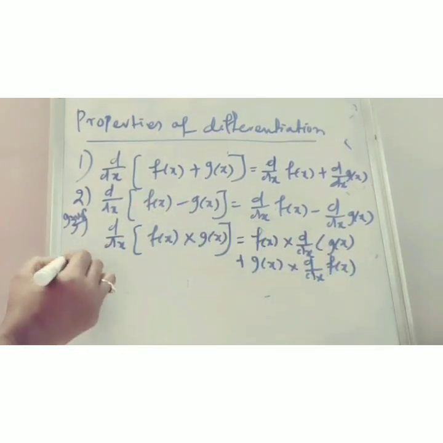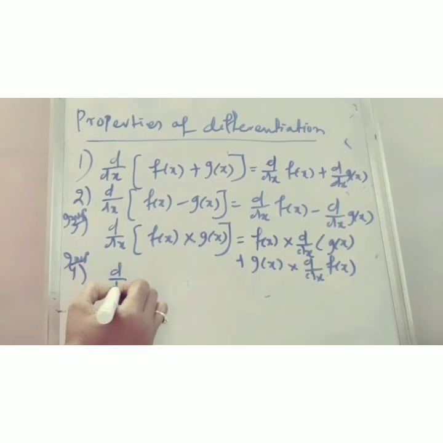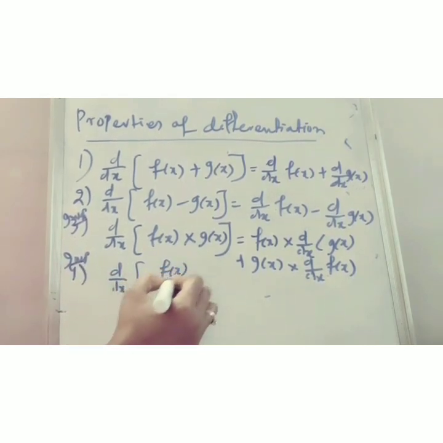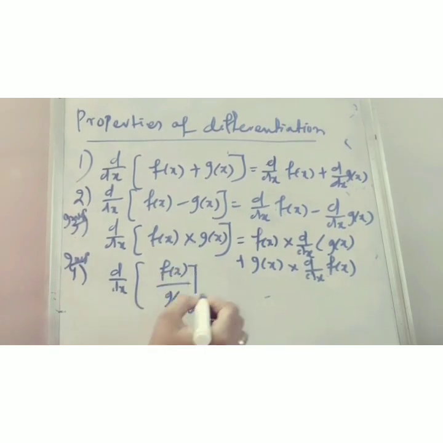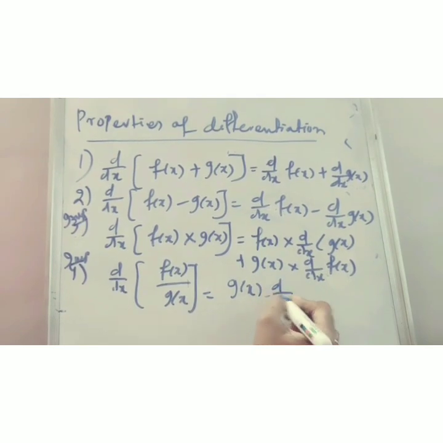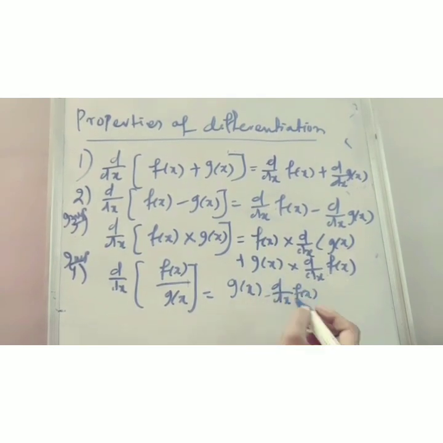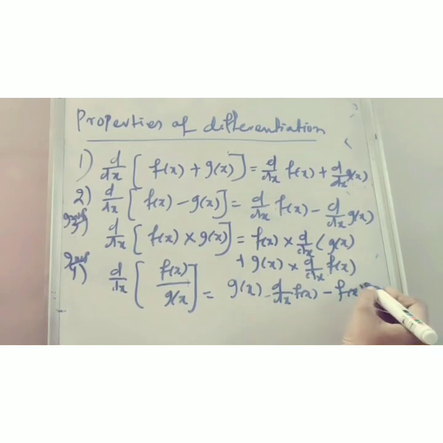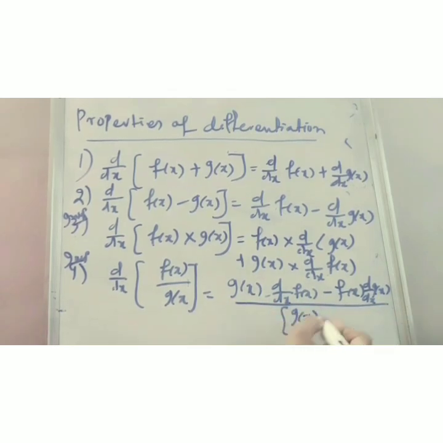Number 4, this is also an important property, the division property. D by dx of f of x by g of x is equal to g of x into d by dx of f of x, or you can say denominator into derivative of numerator, minus f of x into d by dx of g of x, whole divided by g of x whole square.